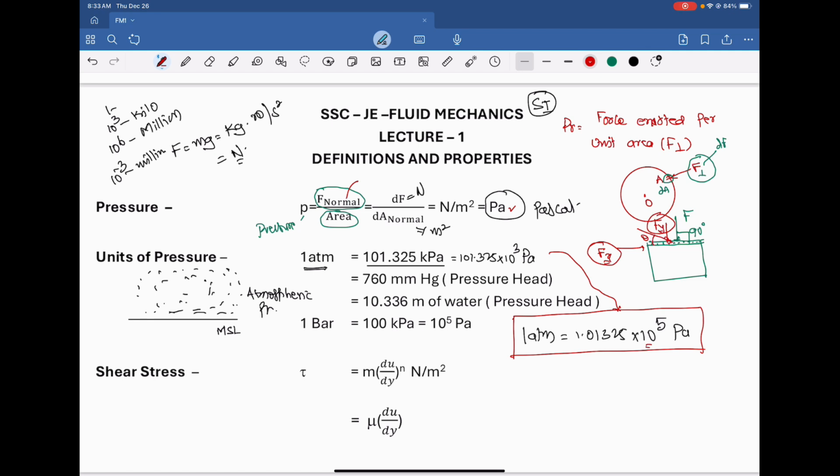For example, I have a fluid column, or what you call a tumbler, having a height h, filled with water to height h, and kept on the table.